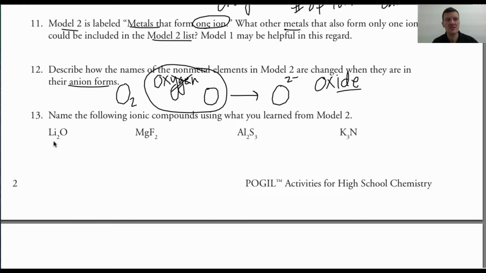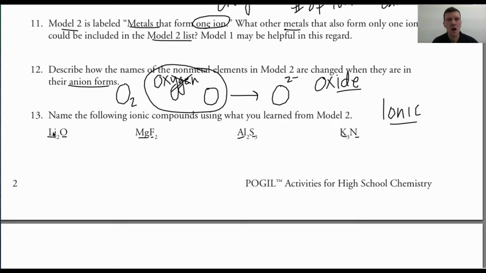So all I have to do is, I see this is a metal, nonmetal, metal, nonmetal, metal, nonmetal, metal, nonmetal. All of these are ionic compounds. Guaranteed. Therefore, I don't need any prefixes. I don't use prefixes because these are always going to combine in a set ratio.